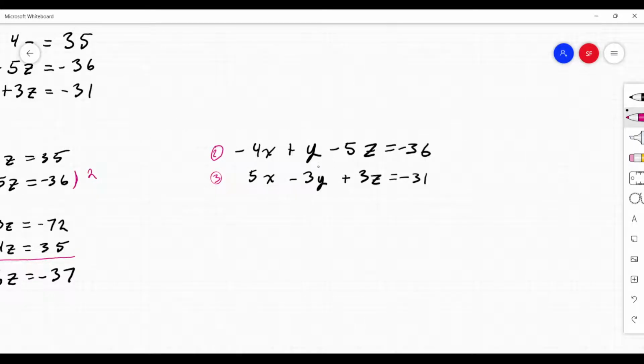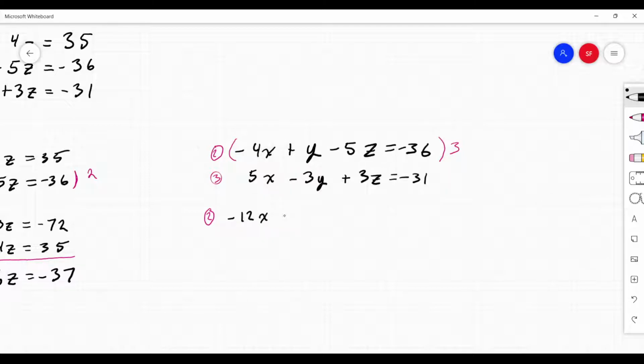So in order to make these y's opposites, we need to multiply this equation number 2 times positive 3, right? So we're going to have a rewritten equation number 2, that's multiplied. So negative 4x times 3 is negative 12x.